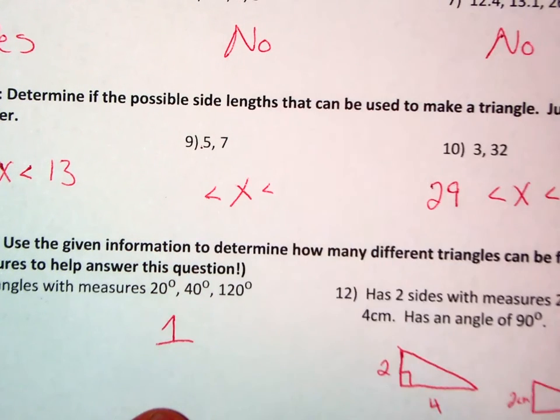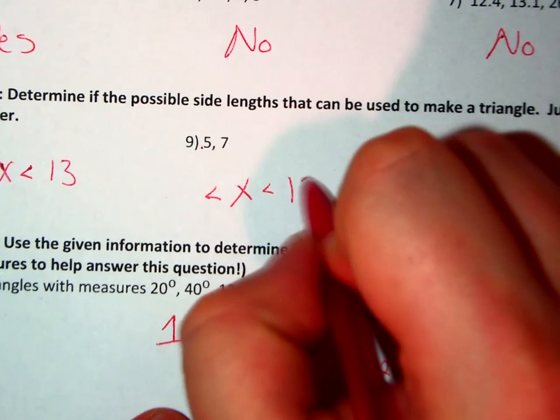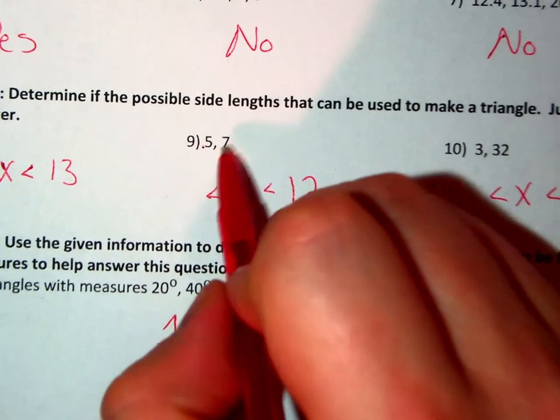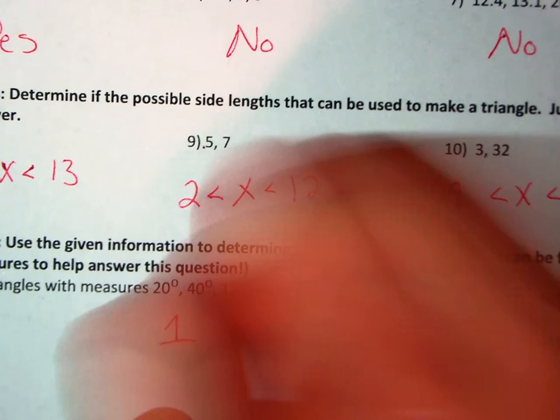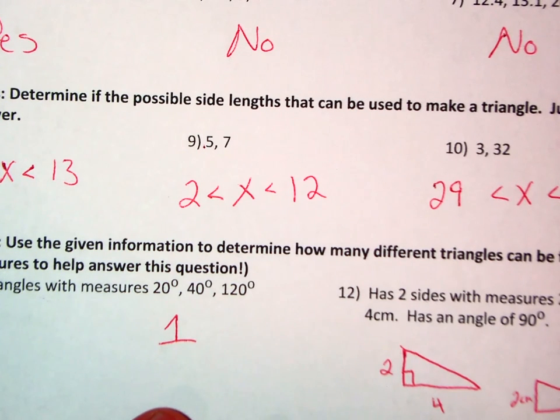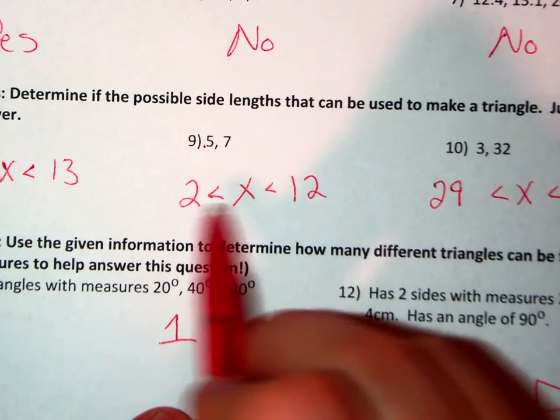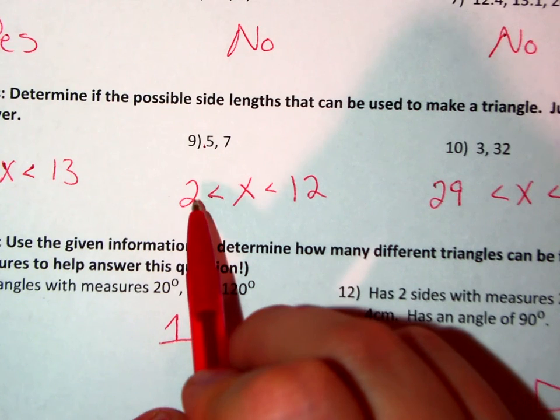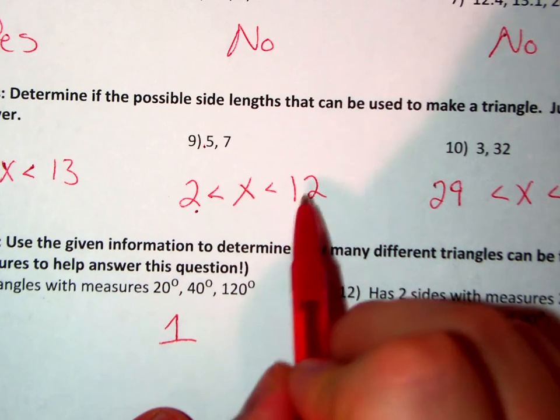Add the two terms together. 5 plus 7 is 12. Put that on the right. Find the difference. 7 minus 5 is 2. Put that on the left. So your third side of the triangle has to be greater than 2, and it has to be less than 12.